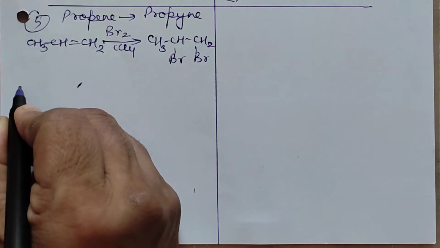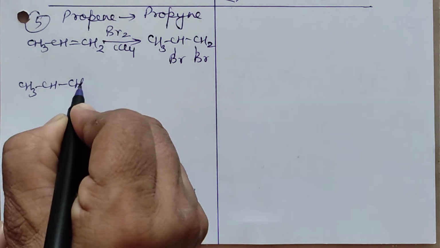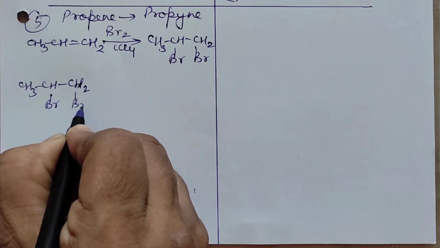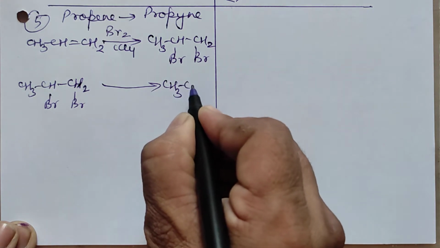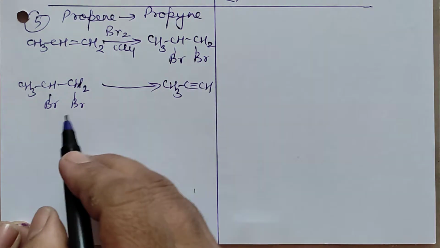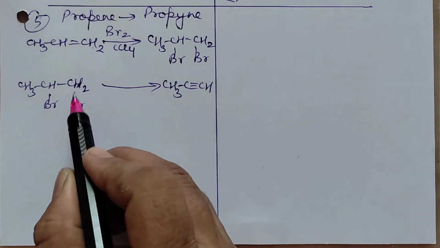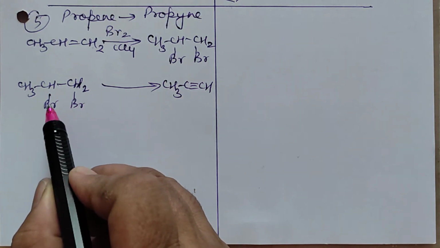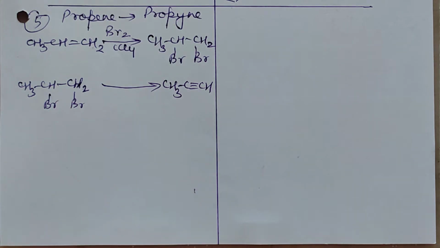Now we want to prepare propyne. From here, this CH3, CH, CH2, you have here Br and Br. What you want is to prepare propyne from here. Means in a way, you want to remove the halogens and one hydrogen from here, one hydrogen. Basically we are removing halogen and hydrogen, halogen and hydrogen. So what comes to our mind if we are talking about this?